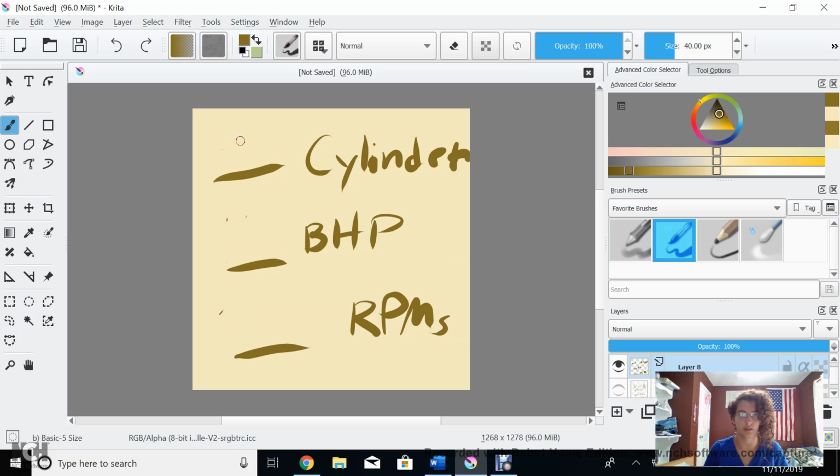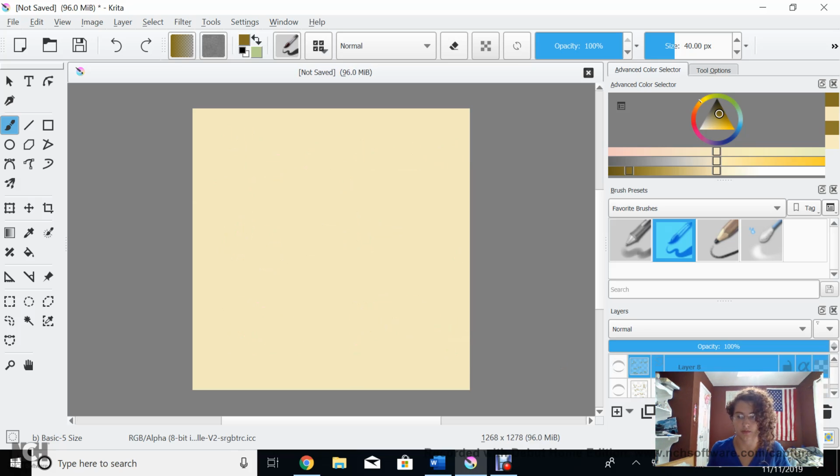It has 4 cylinders, 160 BHP, and 2,700 RPMs.